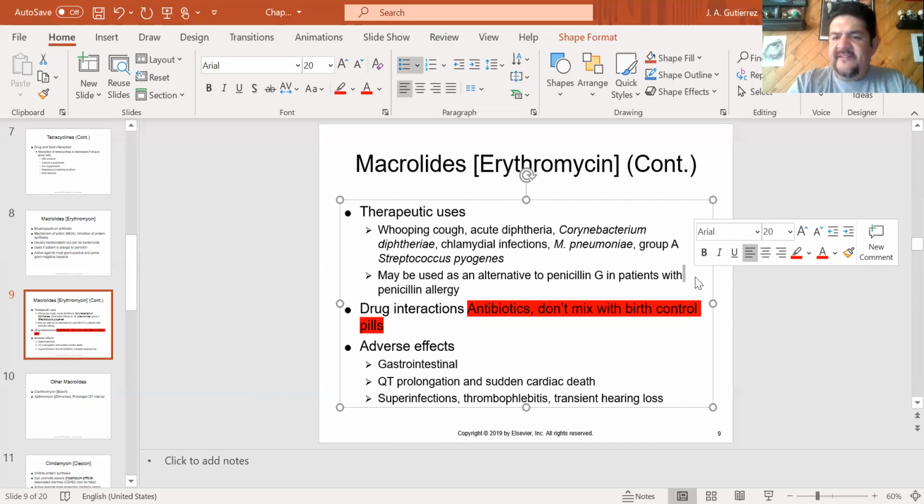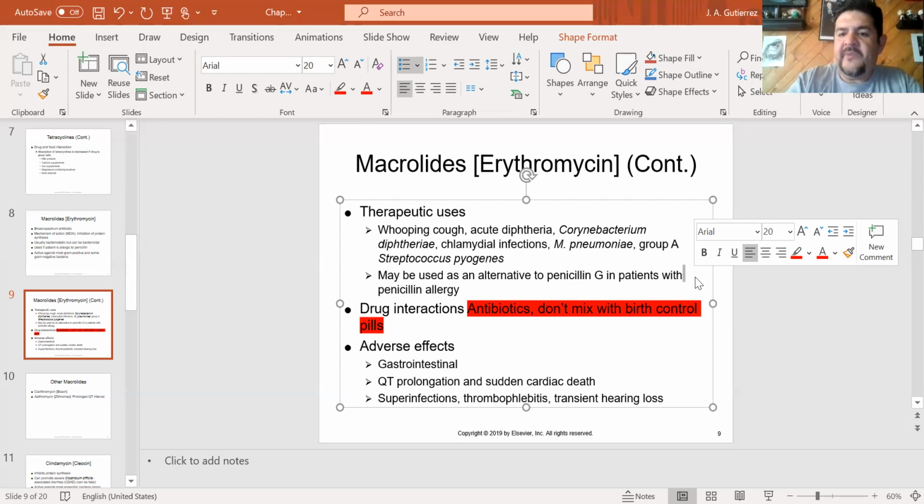So it's the same thing with birth control pills, the hormone. When the patient takes birth control pills and antibiotics, the liver is going to put more attention towards the antibiotic and not the birth control pill. So the birth control pill is not going to get activated, and the patient will continue ovulating, not like before she was taking the pill.